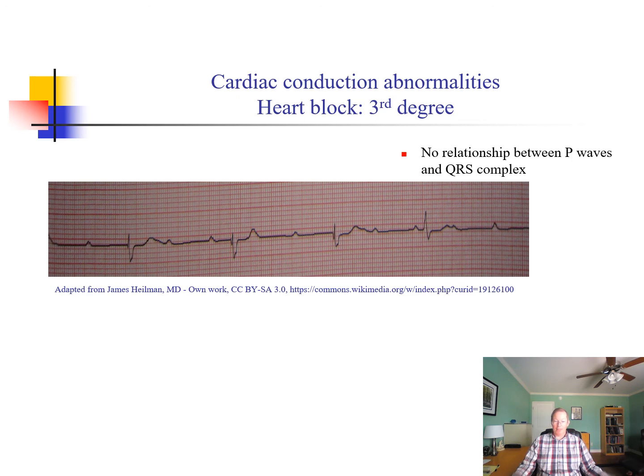You're having the SA node doing what it's doing, but nothing's getting through, and then you're actually going on and doing these backup pacemakers that are doing their thing. And so third-degree heart block needs intervention. Typically, this is pacemaker dependent, where you will actually have to insert some sort of device that will allow you to beat and pace that rhythm.